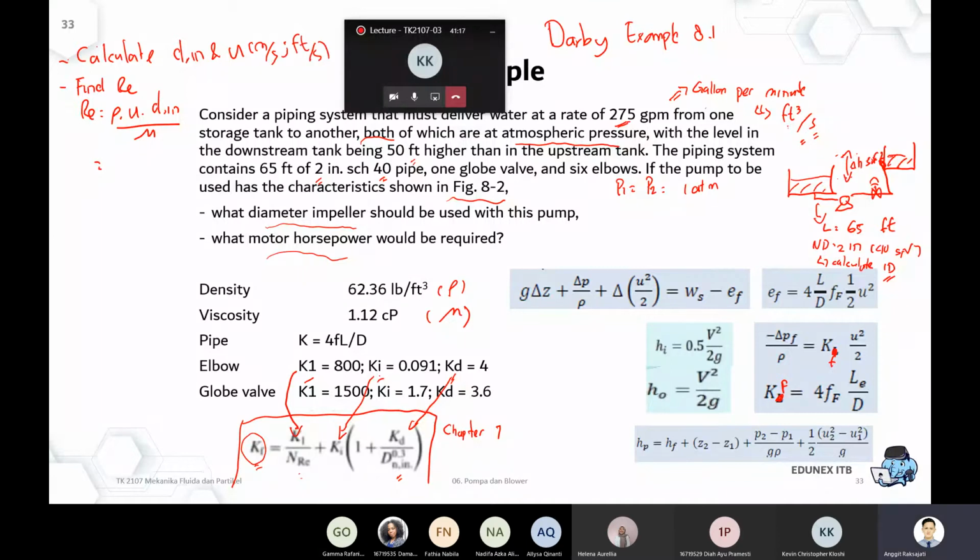Again, it's really up to you if you want to convert everything to SI or still work in British units. In this case, if you want to work in British, that's fine. Convert the GPM, as I stated before, to cubic feet per second.